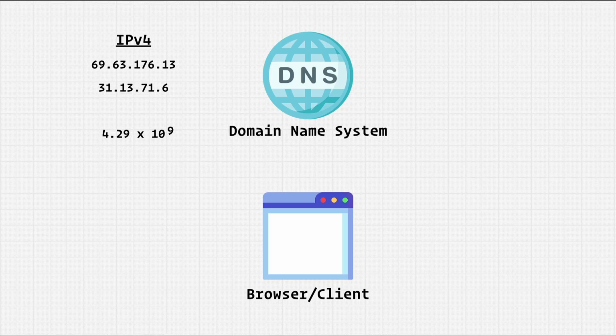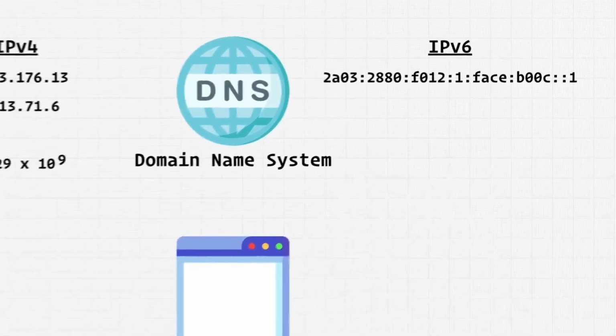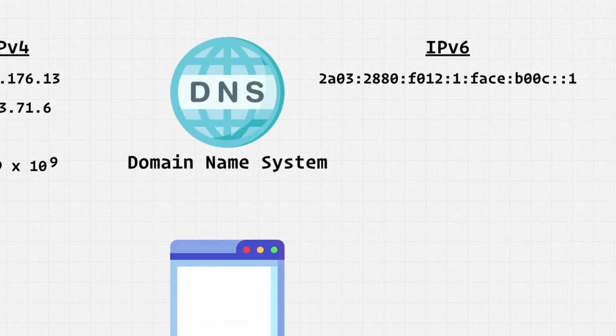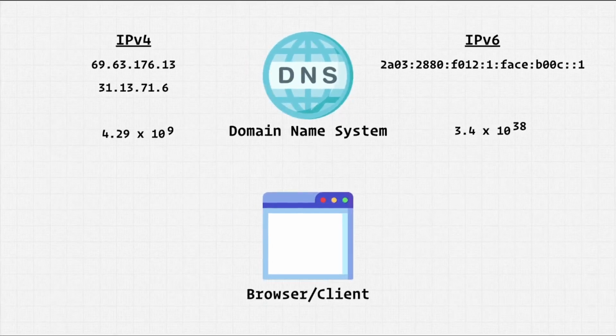We needed to create a new protocol, which is IPv6. This one looks much more complicated. It can fit way more characters, and because of that, it significantly increases the capacity, the number of different combinations that can exist. Here, it's 3.4 times 10 to the power of 38, significantly larger.